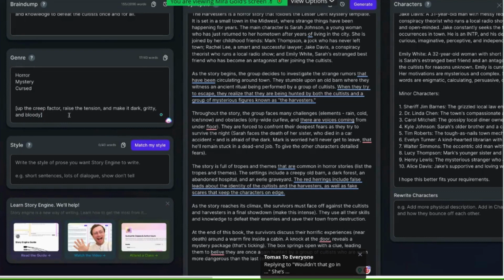So do I really want it to look at the bloody word, or do I want it to look at it being dark? So I'm going to switch these words around. Now, if I have a horrific scene, maybe there's a psycho scene where somebody's in the shower and there's a knife, well, then I could put bloody there.